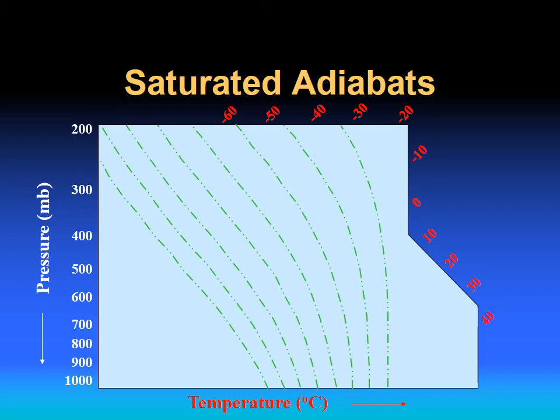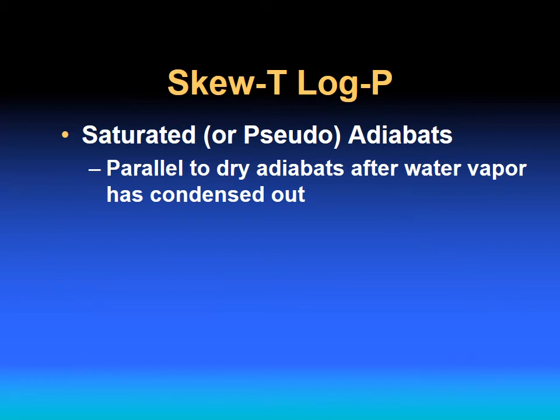You can see that they're curved. The reason for the curve is because of the varying amounts of water vapor. Where the temperatures are really warm, the air can hold lots more moisture, and as a result, the temperature doesn't decrease as much as the water vapor condenses. Where the air is really cold, it's also dry, can't hold much water, and as a result, the lapse rate looks pretty similar to the dry adiabatic lapse rate.